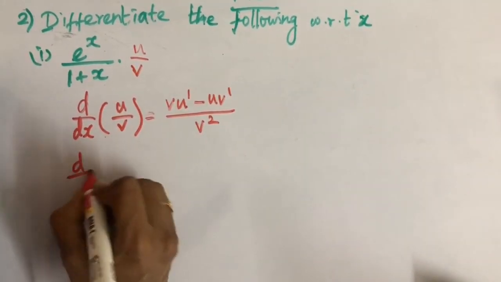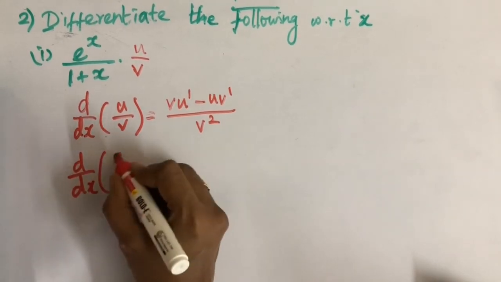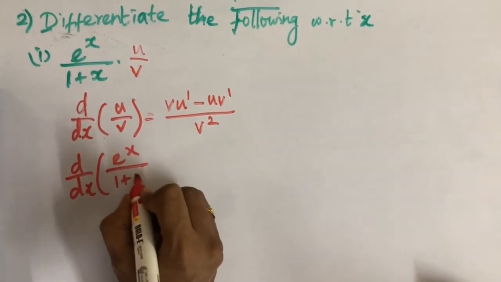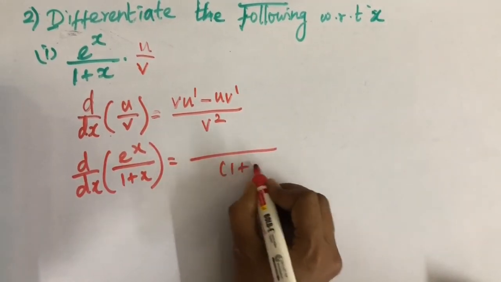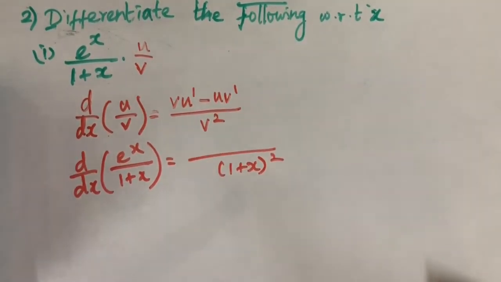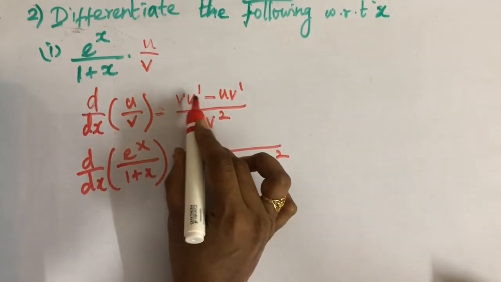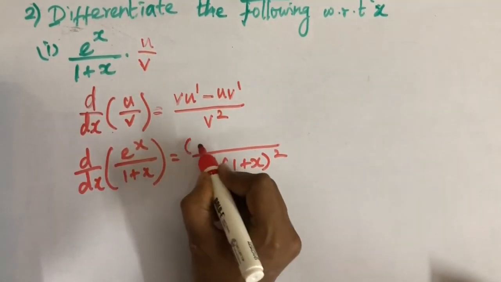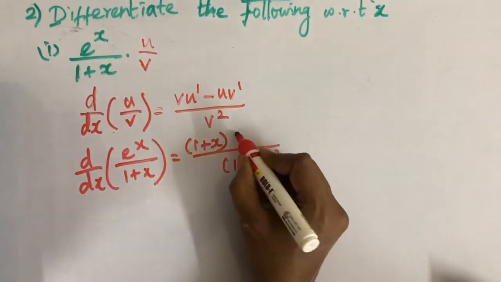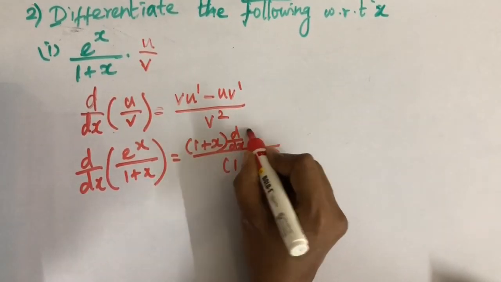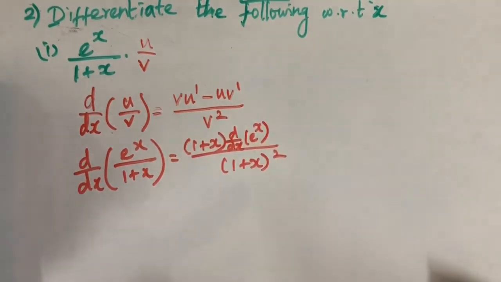So, d by dx of e power x divided by 1 plus x is equal to, here v square, that is 1 plus x the whole square. V into u dash, that means v is 1 plus x, u dash is d by dx of e power x, in the numerator.